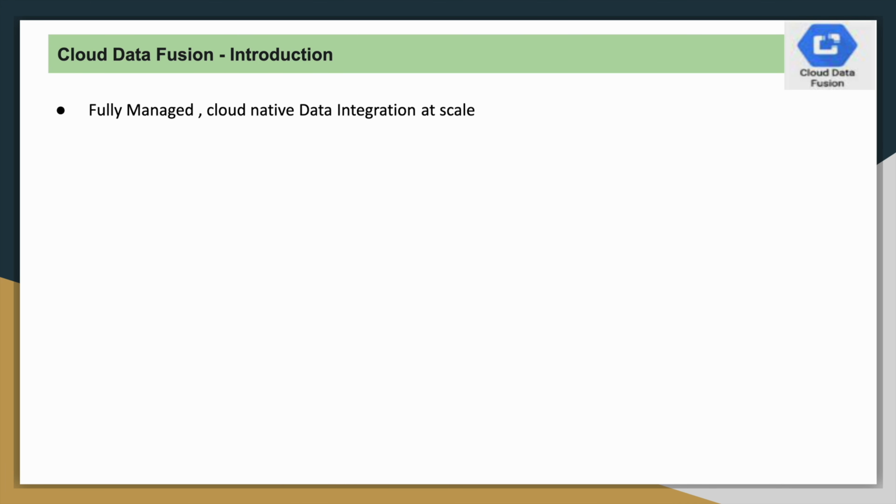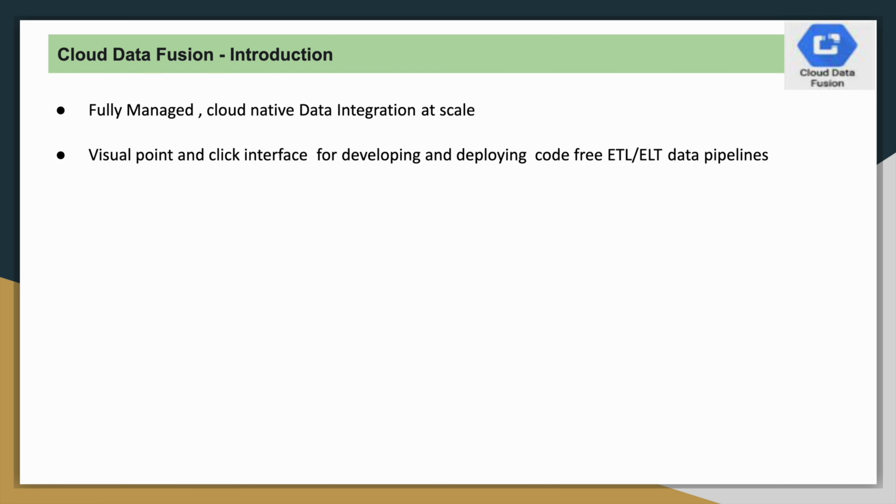So it's a fully managed cloud native data integration service at scale. As a user, we will create the Cloud Data Fusion instance and we will make use of that instance to create your data integration pipelines at scale. To build your pipelines, you don't require any coding skills.